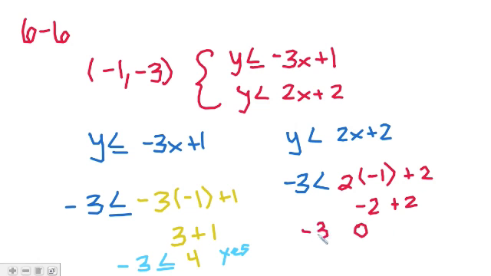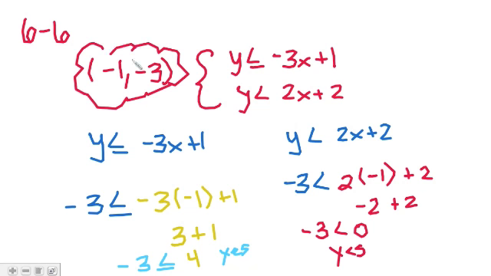So let's see if this reads true. Is -3 less than 0? Yes. So both of these work. So the solution, (-1, -3), is a true solution.